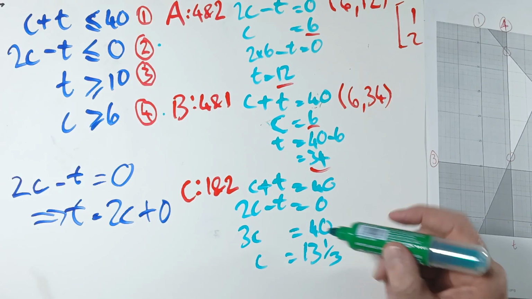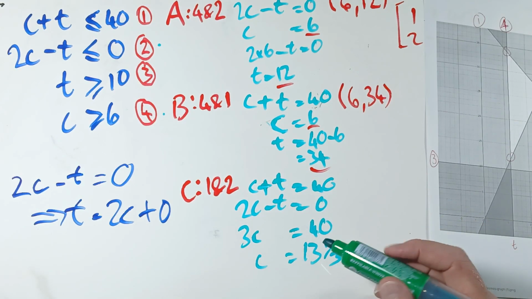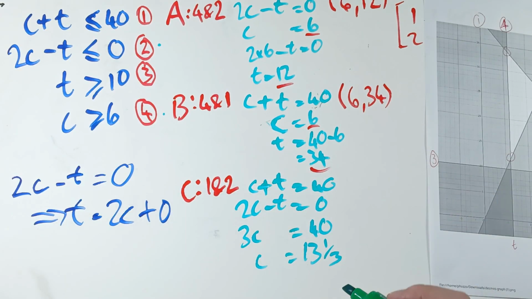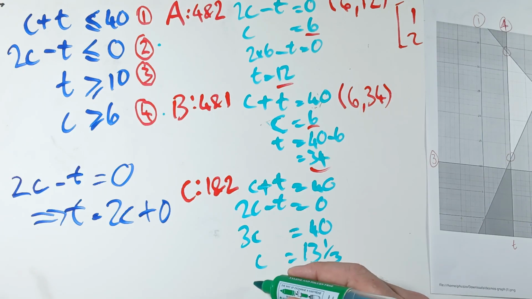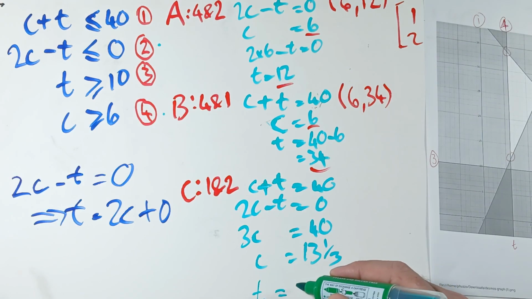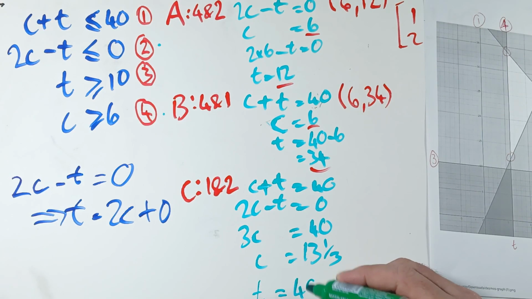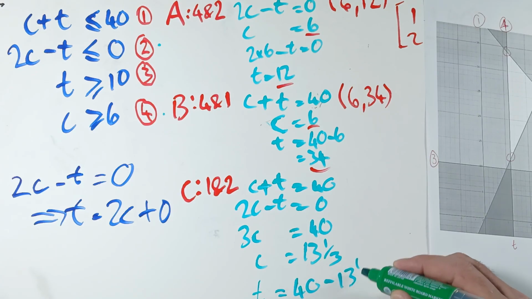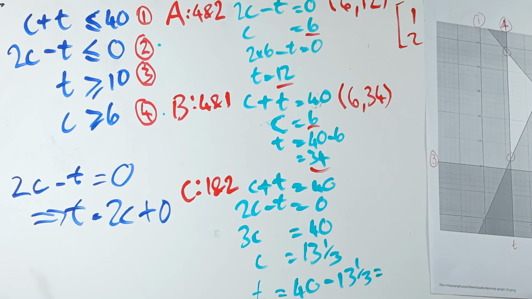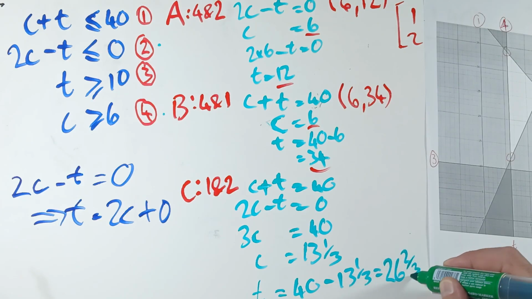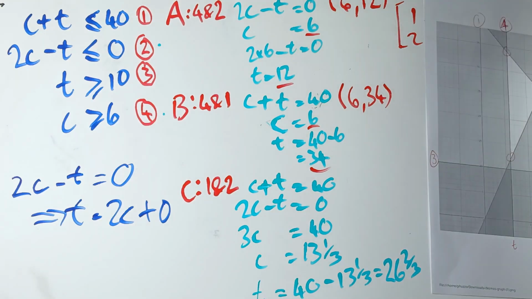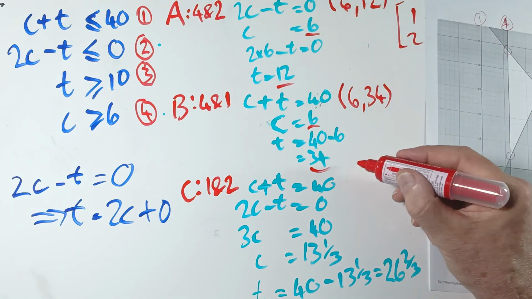And we can plug that back in, 13 and a third, into this one here. So t is equal to 26 and 2/3. Which gives us our third critical point here.